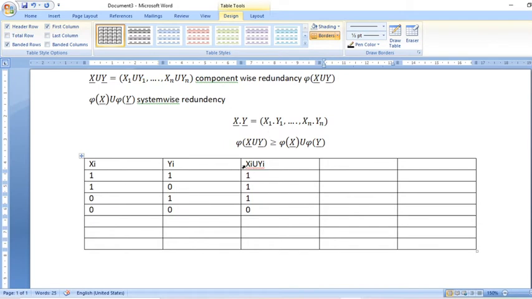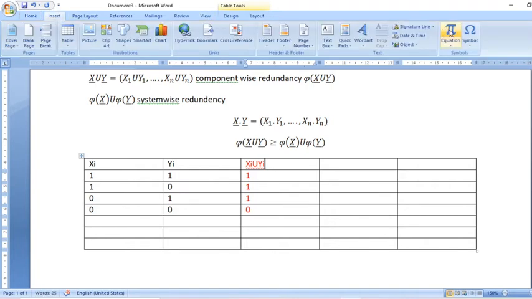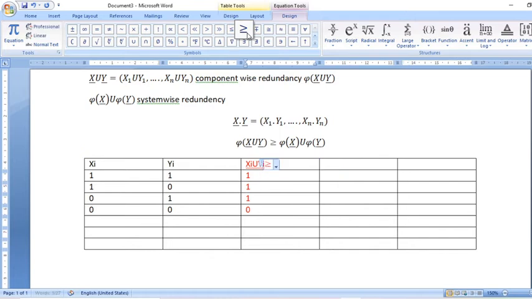Look at this, this is xi union yi, greater than or equal to xi.